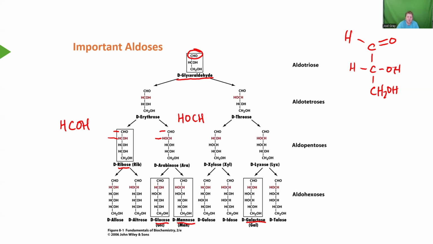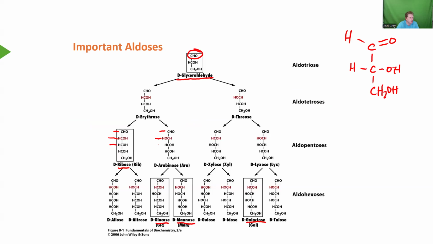Those are different. What that's depicting is that arabinose has the hydroxide group or the OH group on the left-hand side of the structure that ribose has on the right-hand side of the structure. So these two sugars, ribose and arabinose, the difference between them is their positioning of an OH group on carbon number 2. But before we draw that complete conclusion, let's see if there's any other difference.